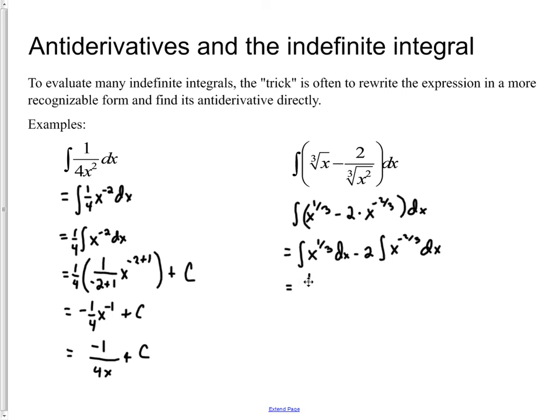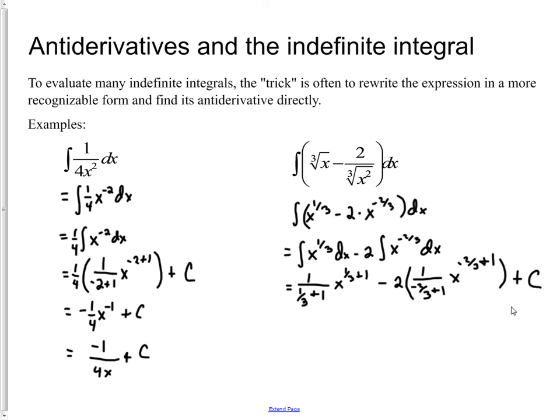This is going to be 1 over 1/3 plus 1 times x to the 1/3 plus 1 power minus 2 times, and we're going to work our antiderivative right here. It'll be 1 over negative 2/3 plus 1, and that'll be multiplied by x to the negative 2/3 plus 1. All of that plus a constant.